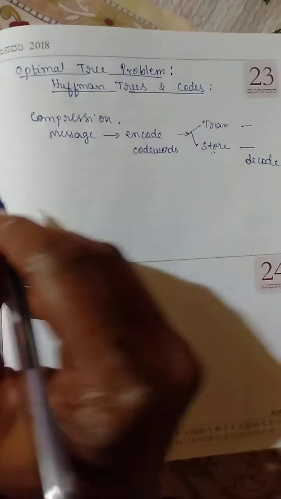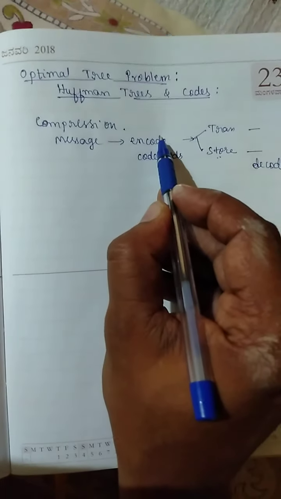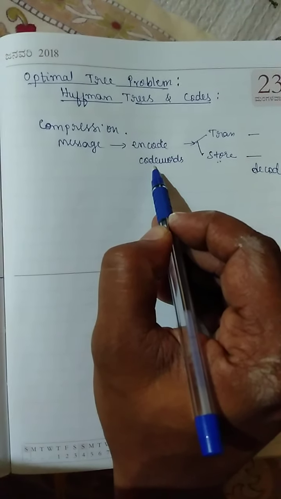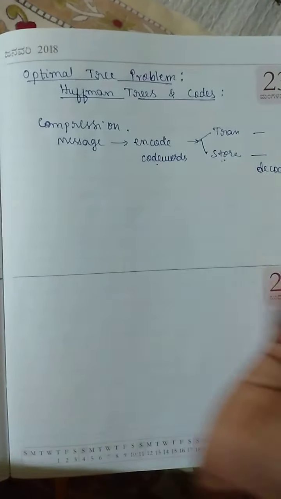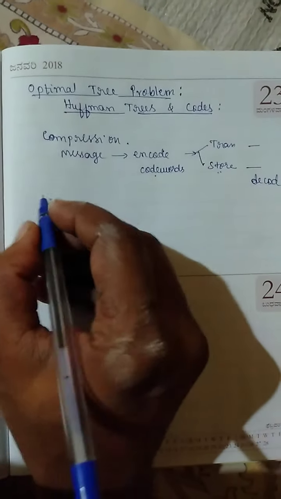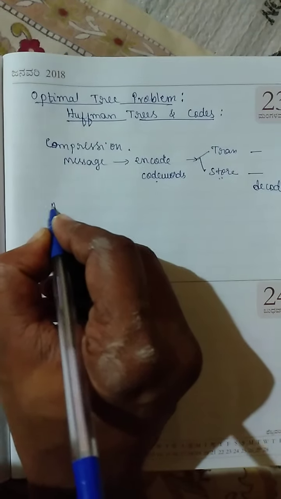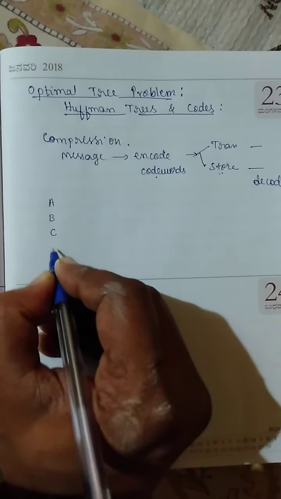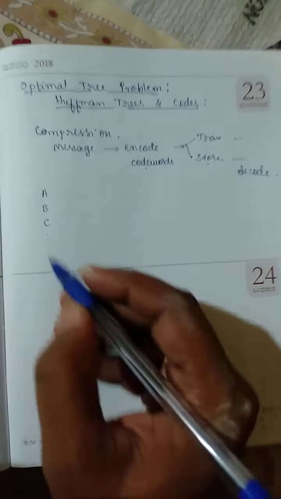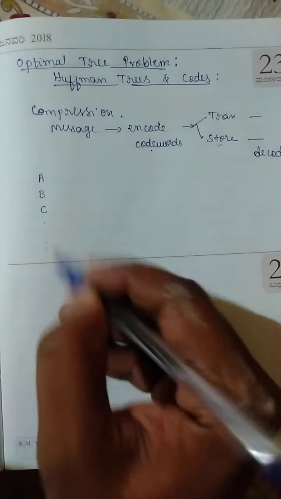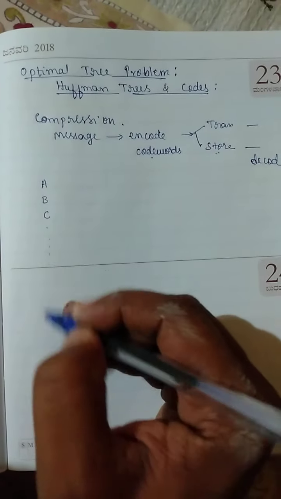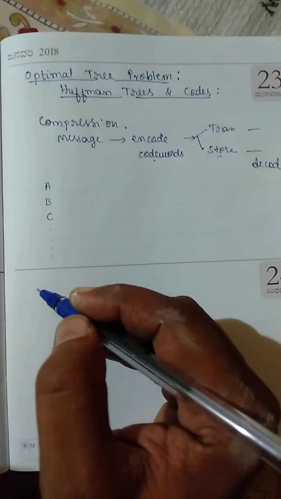Therefore, for the purpose of encoding, we use code words for different characters. So we have the characters A, B, C like this, then all the numbers, the standard 128 sequence of characters.